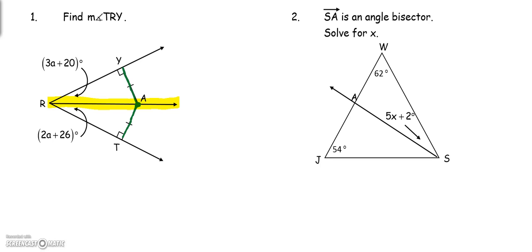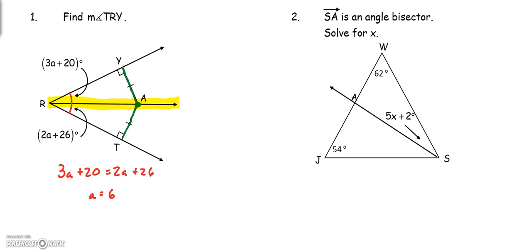Now that we know that ray AR is an angle bisector, our two angles are congruent to each other. So we have 3A plus 20 is equal to 2A plus 26. So I can solve for A by getting my variable on one side and my constant on the other. So I have A is equal to 6.